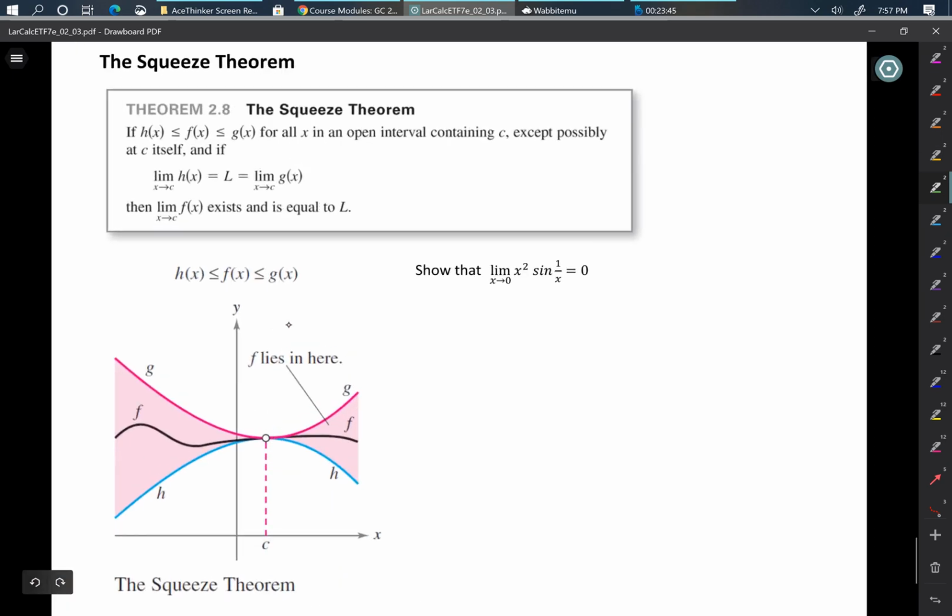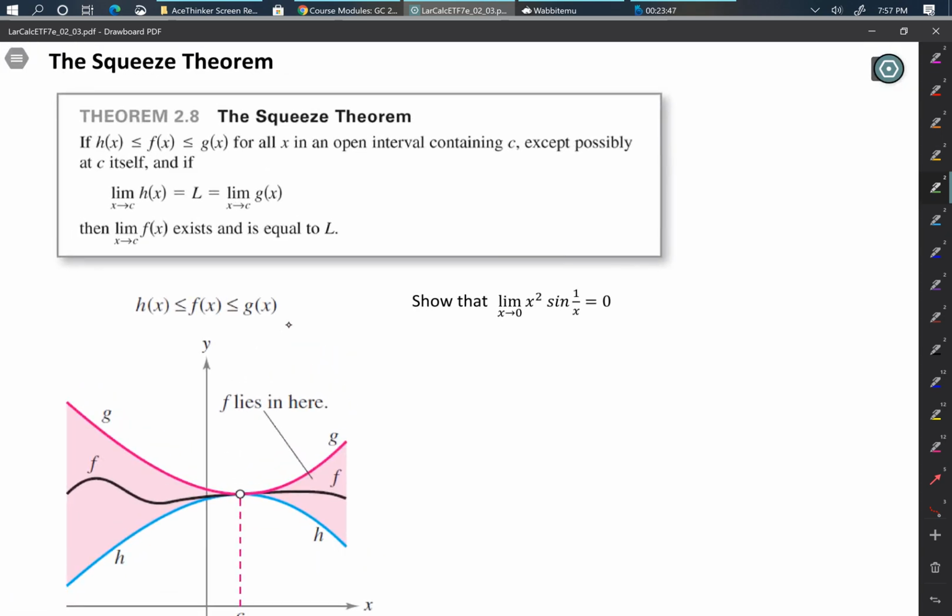The last thing is called the Squeeze Theorem. It's the last thing in section 2.3. And the Squeeze Theorem simply says that if you can find three functions, h of x, f of x, and g of x, such that h of x is the small one, g of x is the large one, and f of x is always somewhere between those two, and you can squeeze the bottom one, h, and the top one, g, together and give them the same limit somewhere.